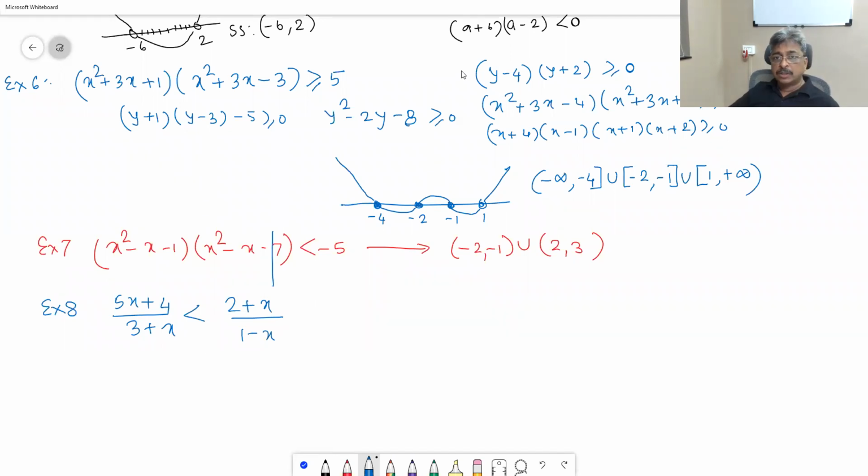This is today's last problem and homework. I will write a couple of problems.